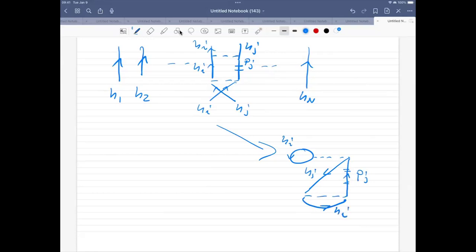Now, in general, the state which we have here doesn't need to be an H of I. I could have had another state up here. So in general, what I'm going to get is a contribution which looks like this. I'm going to have a diagram when I write it out, and now I go back to the A, B, C, D, K notation.